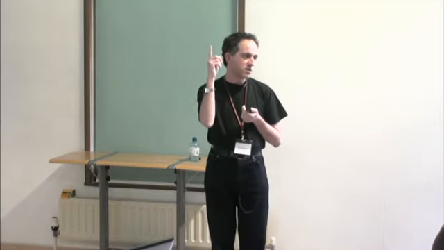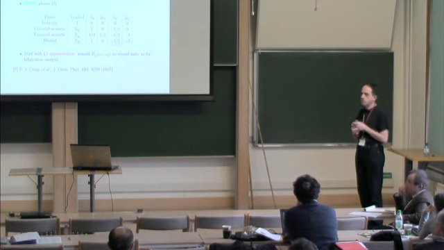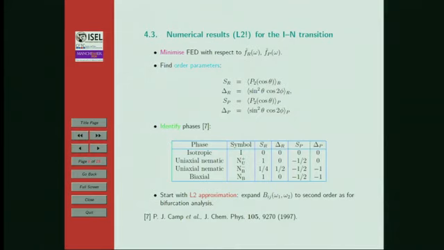But they allow you to identify which phases you get out of your calculations. And we have chosen as our z-axis the axis of orientation of the rods in the rod-like uniaxial nematic phase, as is usually done. For more details on these order parameters, here's the relevant reference.